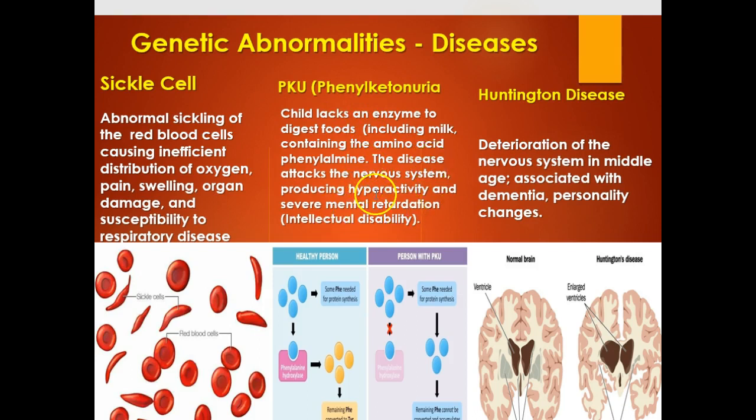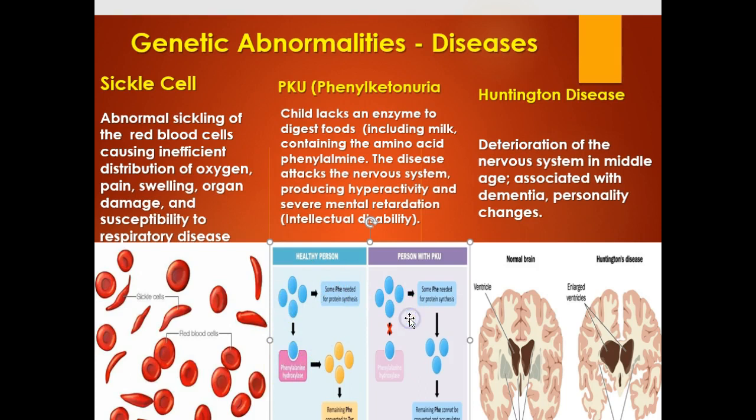It attacks the nervous system, and it makes them very hyper and can cause severe mental retardation. Of course, we can no longer say mental retardation, but intellectual disability. It can really affect them. And in the normal person, you can see everything normal here.